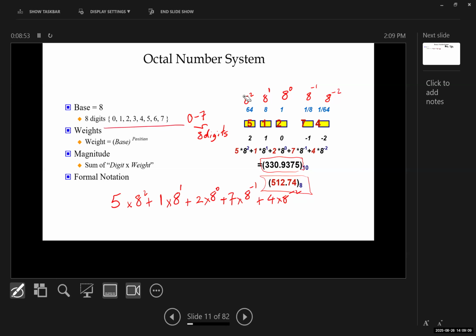Now let's solve an example. I'm going to give this as a quick practice to you. I have the number 10 in the base of 8. What is this number in the base of 10?